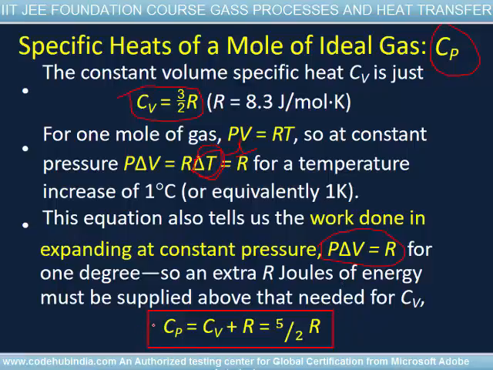So Cp equal to Cv plus R. If I put the value of Cv here, then R will be common, then 3 by 2 plus 1 equal to 5 by 2. Understand? 3 by 2 plus 1 equal to 5 by 2. Clear?